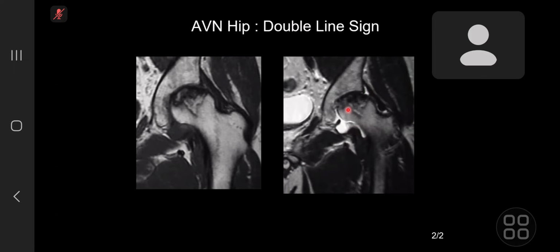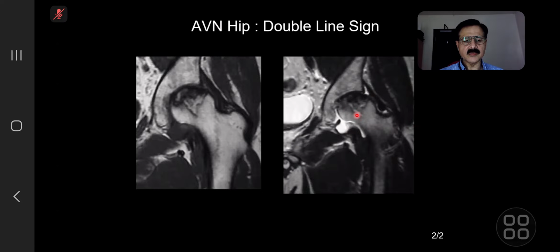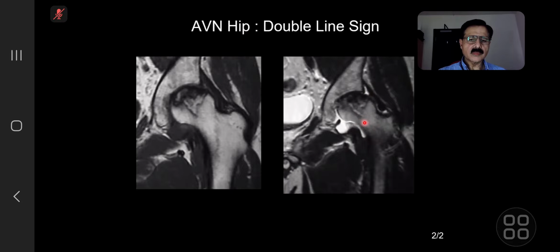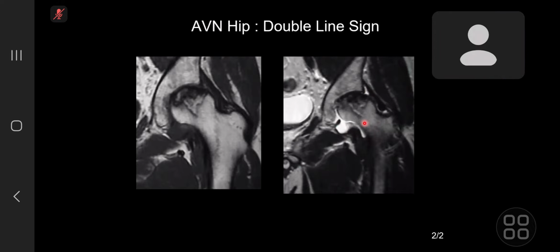And the high intensity line? This is sclerotic changes due to the detachment between the two parts of the bone, and the hyperintense signal in between these two lines is the edema of the separation between the dead bone, the sequestrum, and the survived bone.